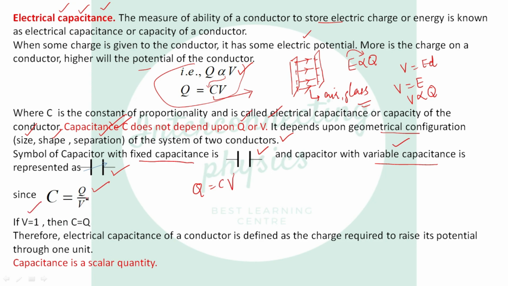Then C will be equal to Q, because V becomes 1. So capacitance of a conductor is defined as the charge required to raise the potential of the conductor through 1 unit. And capacitance is a scalar quantity.